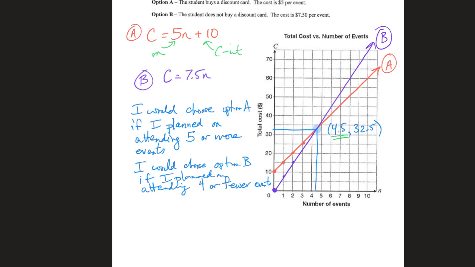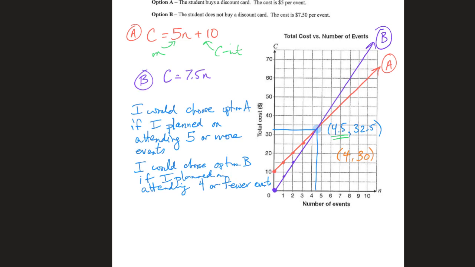Now, let's imagine that I could go to 4.5 events. Or really what I'm trying to get at for those people who drew a really accurate graph, imagine that your point of intersection was at (4, 30).